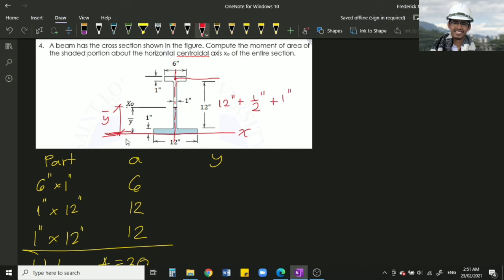So that will be 12 plus 1, 13, plus 1 half, that is 0.5. So that will be 13.5.